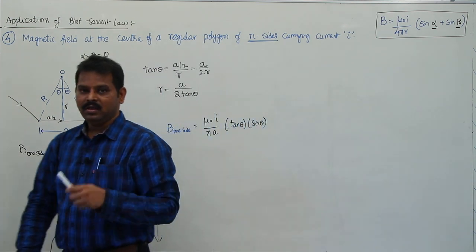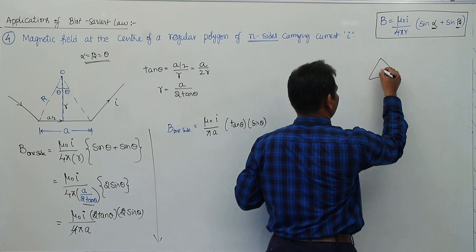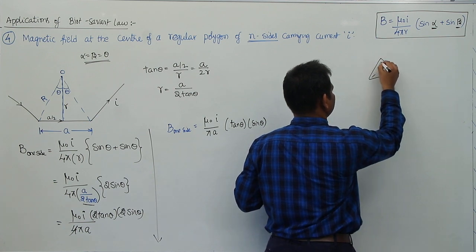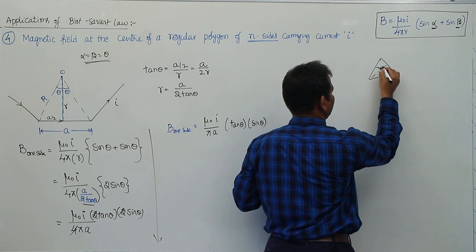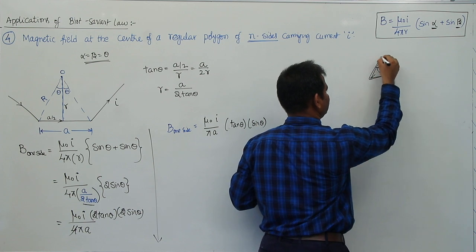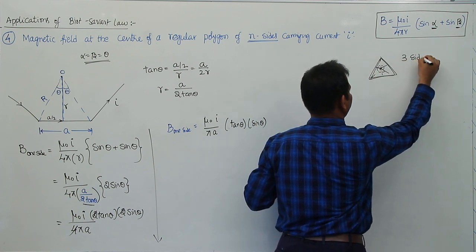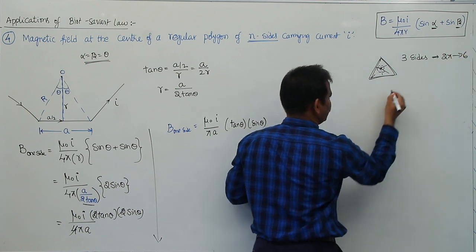In any regular polygon, suppose you take a triangle, the total angle I divide into 6 equal parts. So this is alpha beta, here also alpha beta, here also alpha beta. So for 3 sides I am dividing 2 pi into 6 parts.